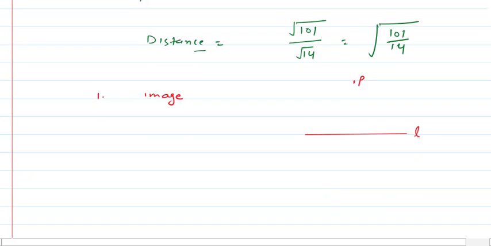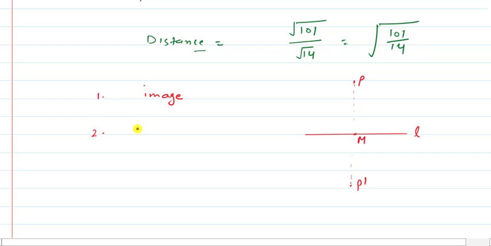Clearly this image will be at equal distance. You know very well that image formed in the mirror is at the equal distance from both the sides. So if we join these 2 points, then this M will be the midpoint, or we can say PM is equal to MP dash, where P dash is the image of this point P. So we need to calculate image.